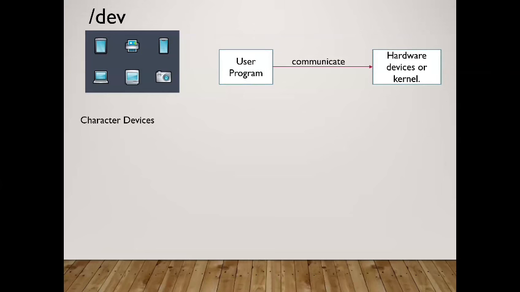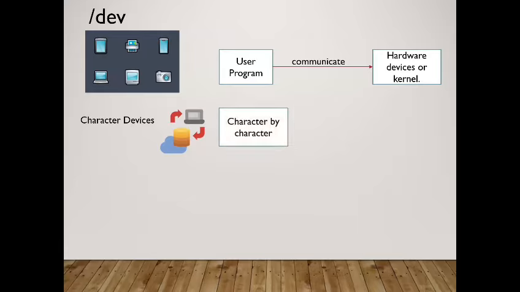Character devices are those in which data is transferred character by character. Here, there won't be any buffering, which means it doesn't store the data, it directly processes the input and output.